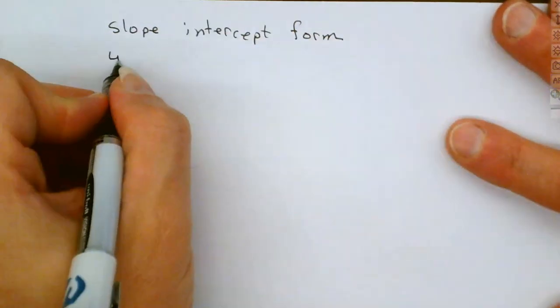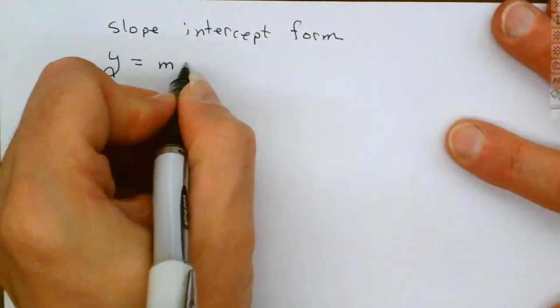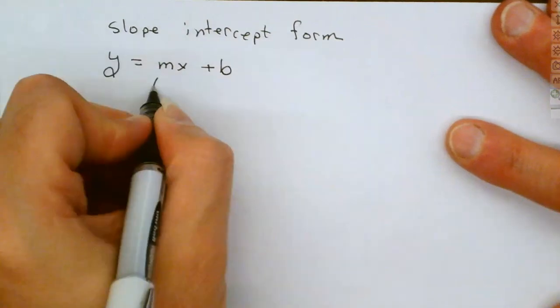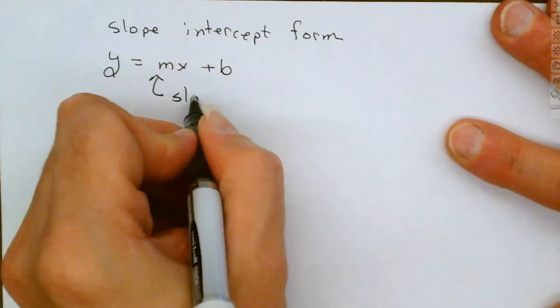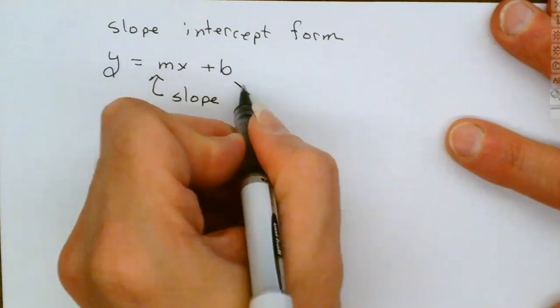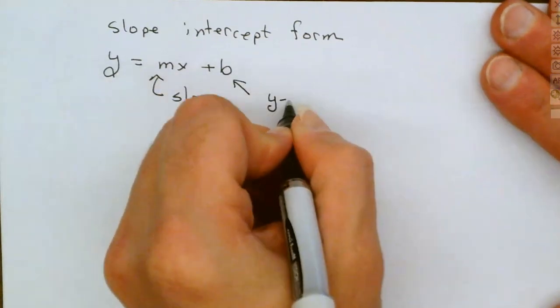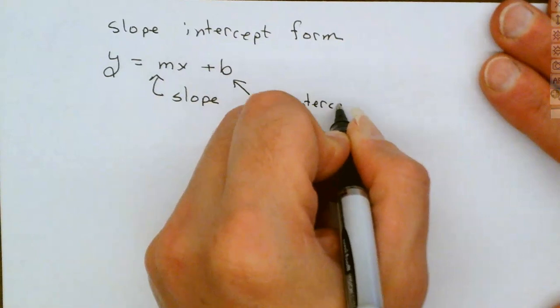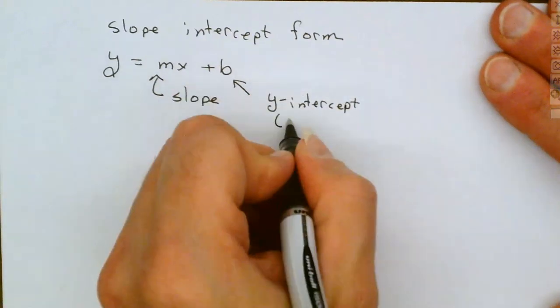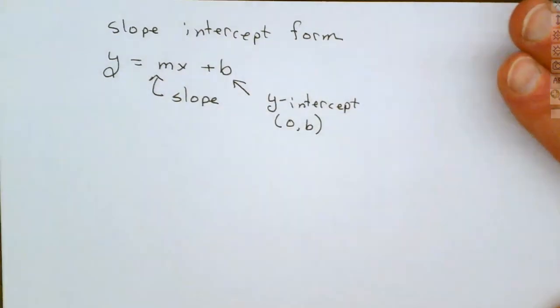Slope-intercept form of a line is y equals mx plus b, and the m, well, that is your slope, and the b, well, that's your y-intercept. And that's 0, comma, b.